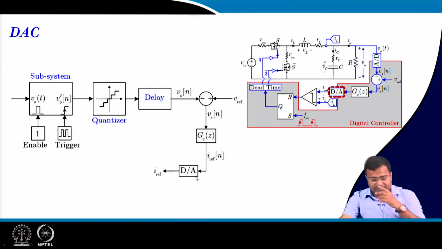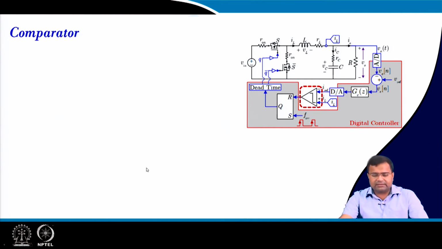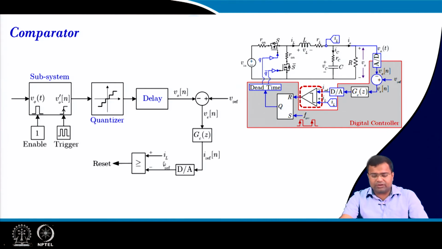Then the DAC is simply a quantizer block. In fact, this digital controller is quantized itself, so the DAC may not need another quantization. Only the DAC bit size should match the quantized level that you are sending. But if you have a lower resolution DAC, then you may have to create another quantization block here. Then it goes to the reference current. The reference current is compared with the inductor current.